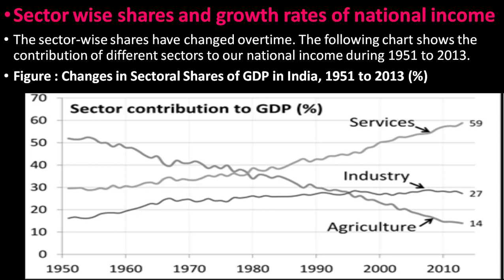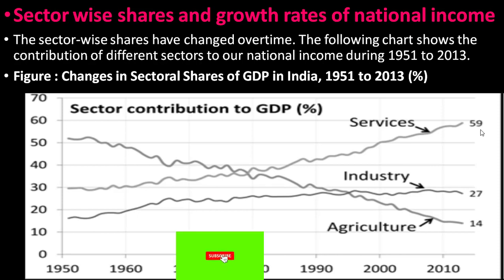Here are some very important concepts like sector-wise shares and growth rates of national income. The sector-wise shares have changed over time. The following chart shows the contribution of different sectors to our national income during 1951 to 2013. The sectors we can identify are the agriculture sector, industrial sector and service sector: agriculture with 14%, industry at 27%, and services with 59% of the GDP contribution shares.